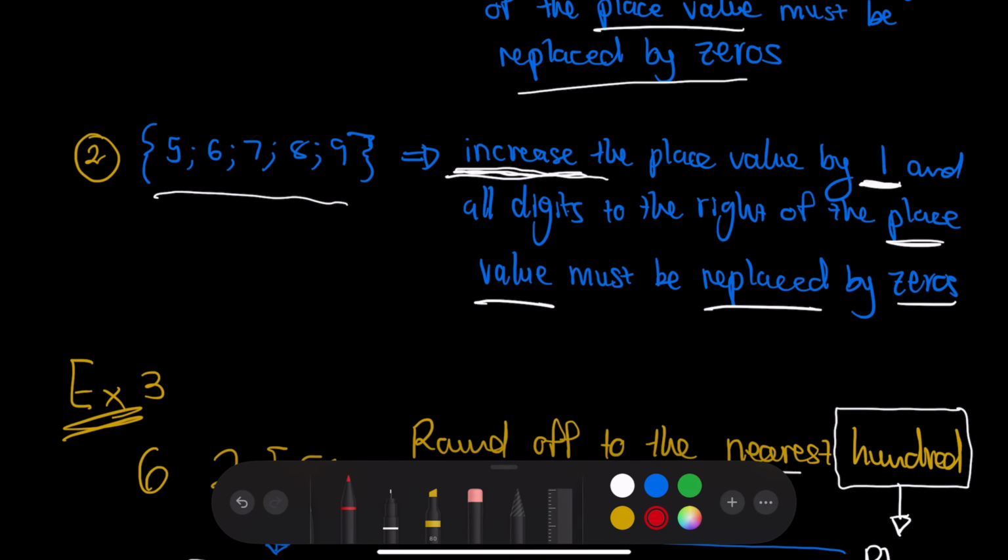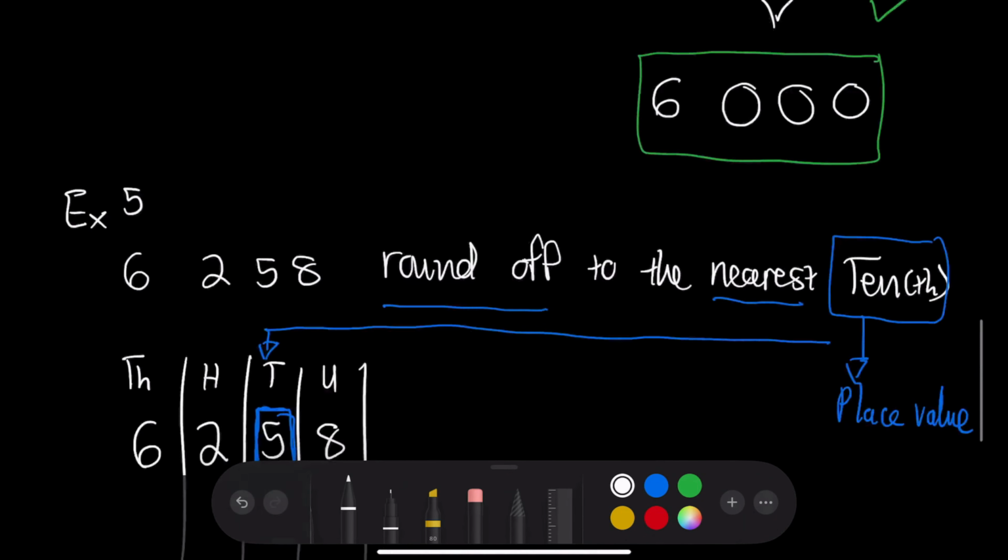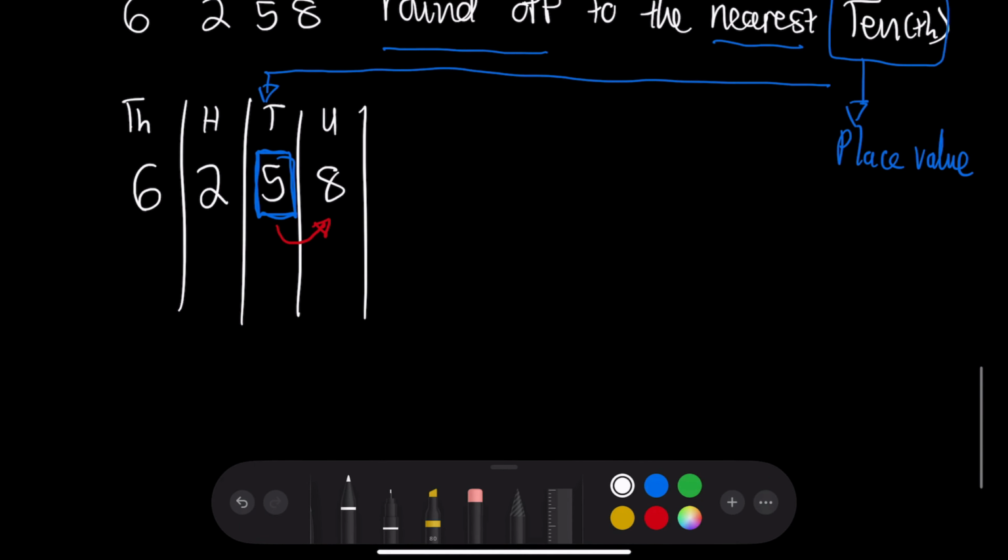Rule 2. Then rule 2 tells me that I must do what? I must increase the place value by 1. And then after I increase the place value by 1, I must replace all other digits to the right of that place value with 0. Then I apply that same rule that is being instructed.